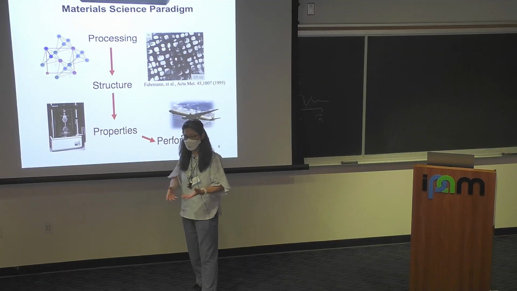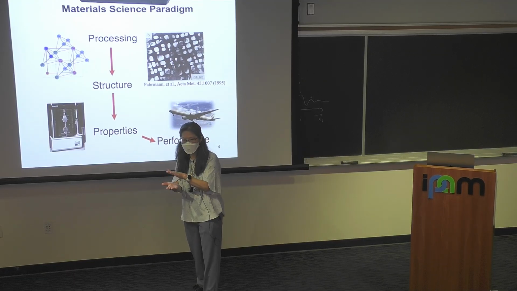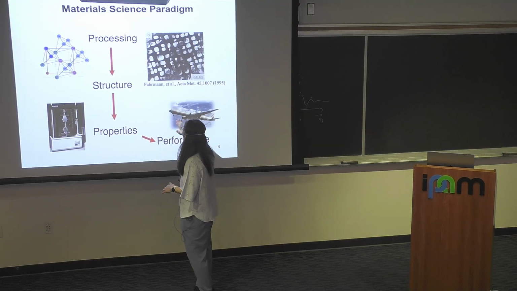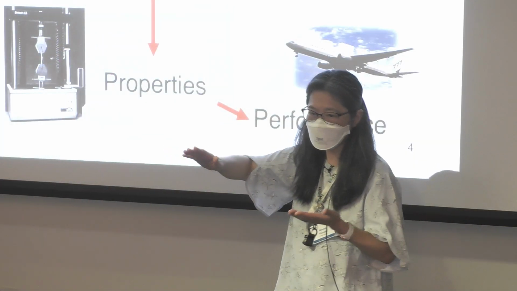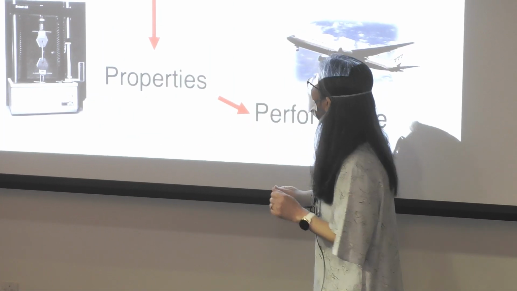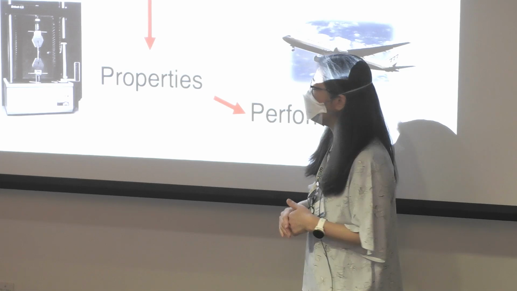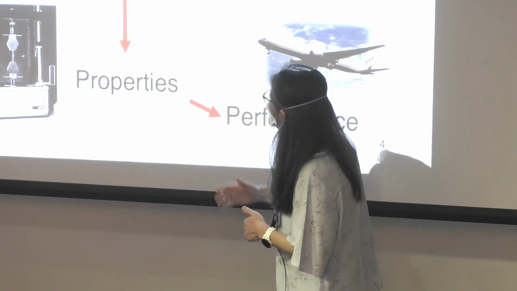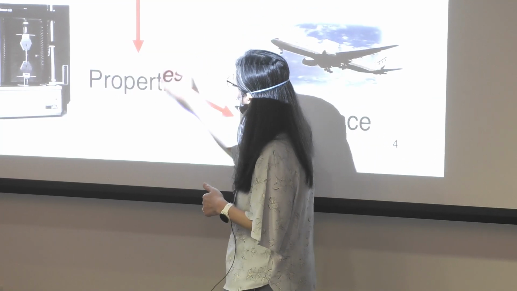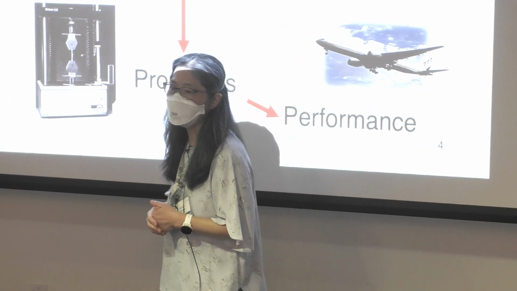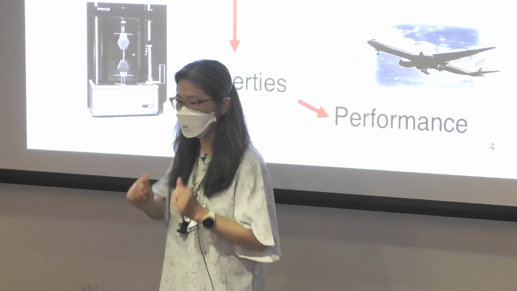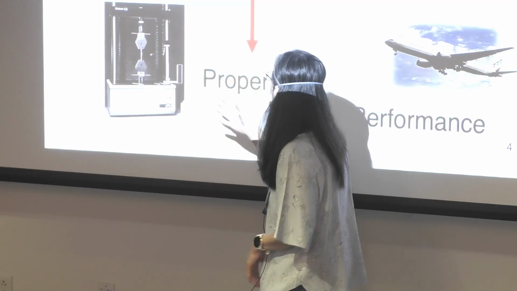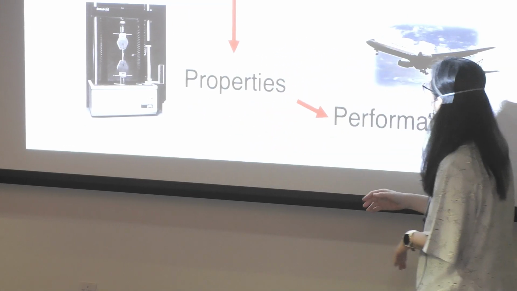Even in structural materials that you think of as a chunk of metal, if you take a slice of it and look under a microscope, you're going to see multiple phases. And those phases actually affect how materials behave, for example, how they deform when they're bent or stretched. So that changes the properties.